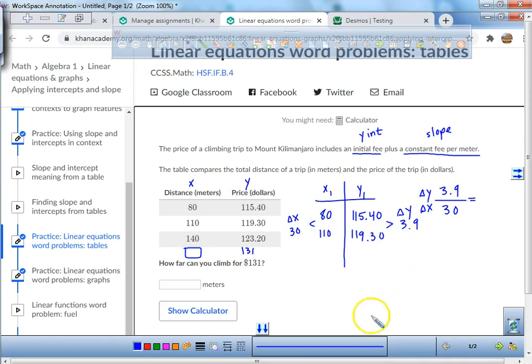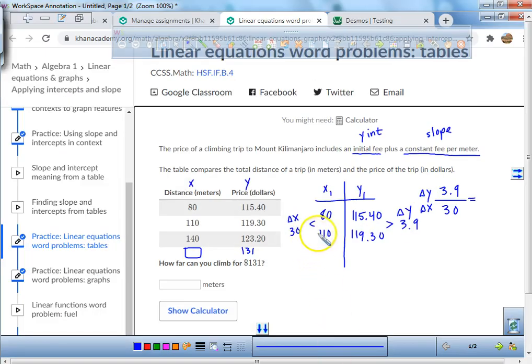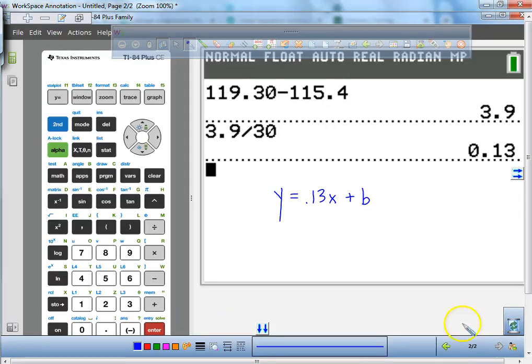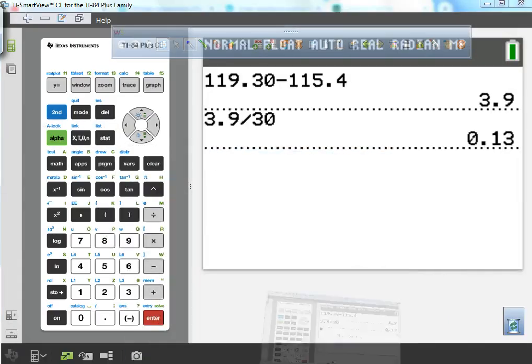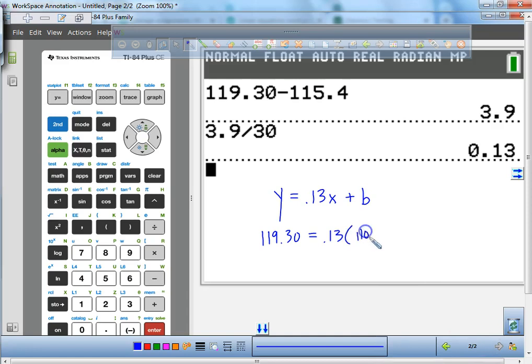All right? So here's what you would have to do. I'll just use 110 and 119.30. 119.30 equals 0.13 times, what was it? 110? Yeah, 110, plus b.